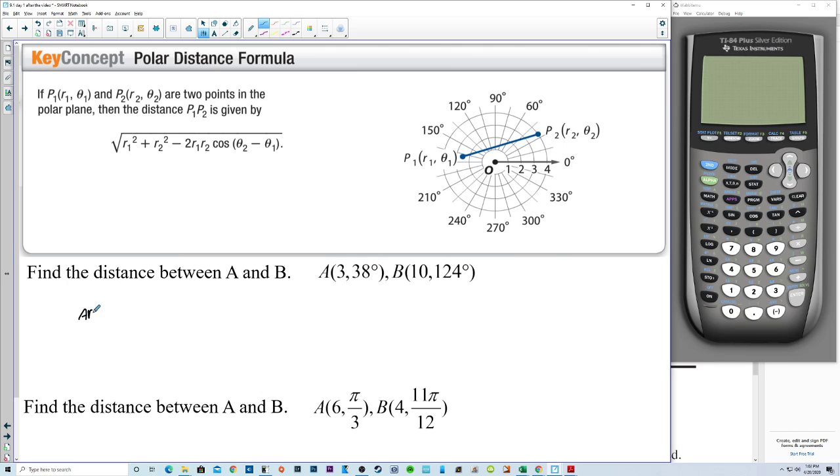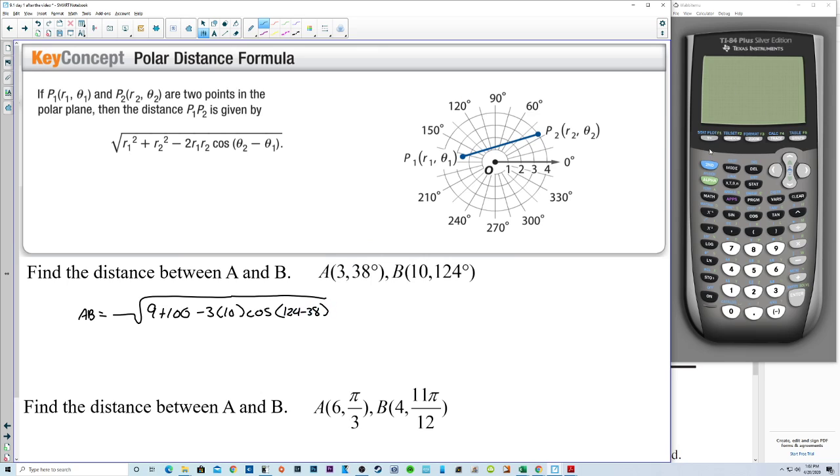So the distance from A to B is equal to the square root of, all right, we're going to go 9 plus 100, and then minus 3 times 10, and then we need the cosine of theta 2 minus theta 1, so 124 minus 38.